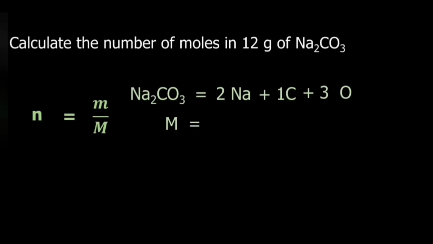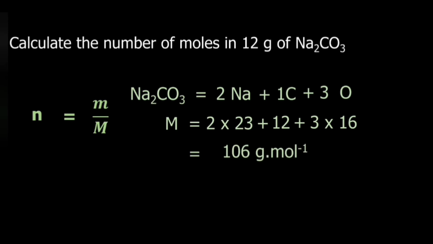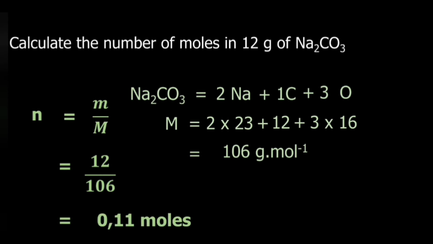So I need to find the total mass of atoms, which is 2 times 23 plus 12 plus 3 oxygens, which gives me 106 grams per mole. So now I just take the 12 divided by 106. I'm going to get an answer, which will be the number of moles, 0.11 moles in 12 grams of Na2CO3.